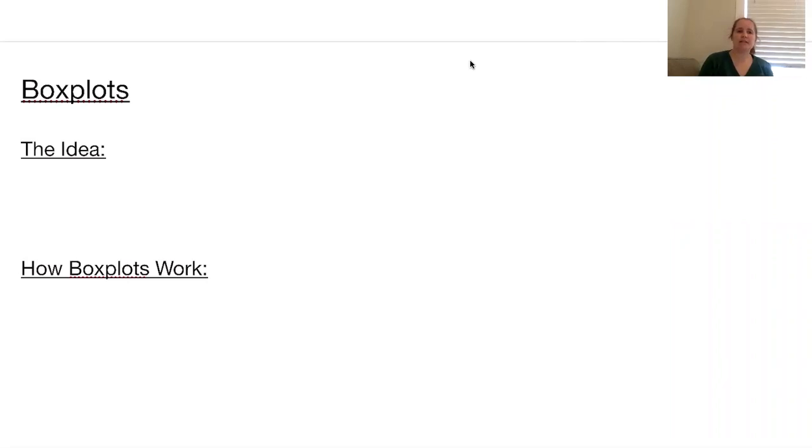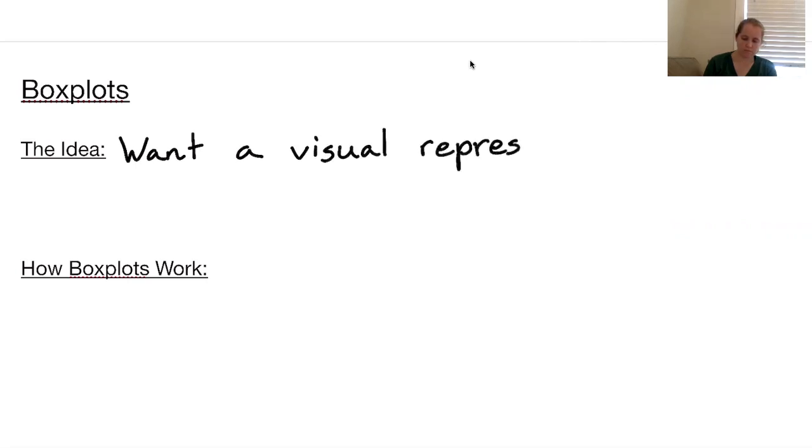And now we're going to take a look at box plots. So the idea behind a box plot is we want a visual representation of the 5-number summary.